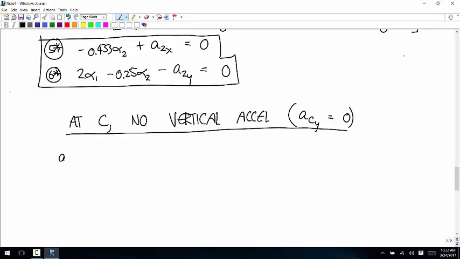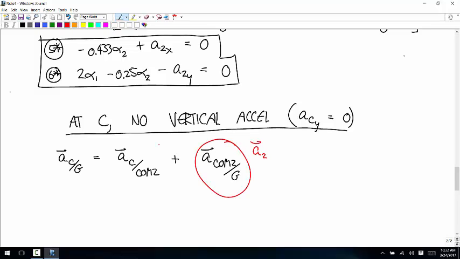So the acceleration of C relative to the ground is equal to the acceleration of C relative to the center of mass of 2, plus the acceleration of the center of mass of 2 relative to the ground. And again, that's A2, and that's from circular motion about the center of mass of 2.